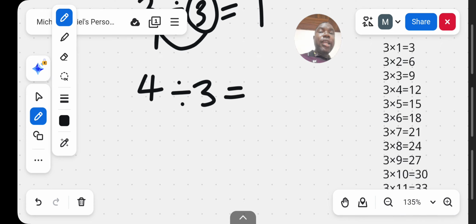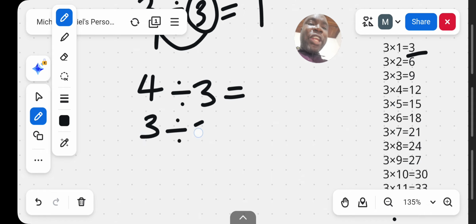Okay, so the next question is 4 divided by 3. If you read the 3 times table, will you get 4? No, you won't get 4. 3 times 1 is 3, 3 times 2 is 6. So we can notice that 4 is between 3 and 6. So we have to ask ourselves another question using that 3 up there: what is 3 divided by 3?